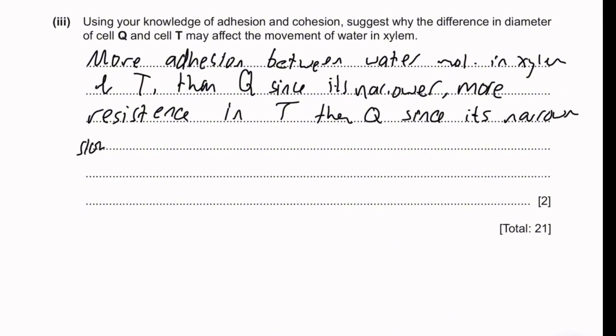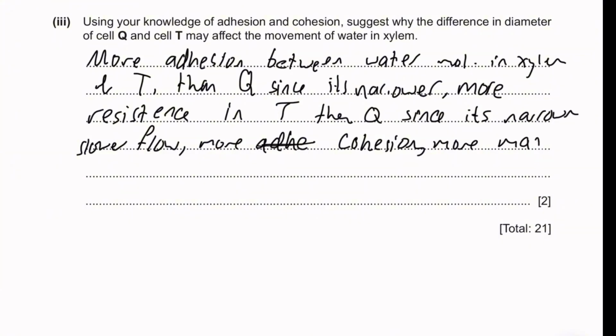So again, slower flow and more cohesion, more mass flow in T than Q because it's narrower.